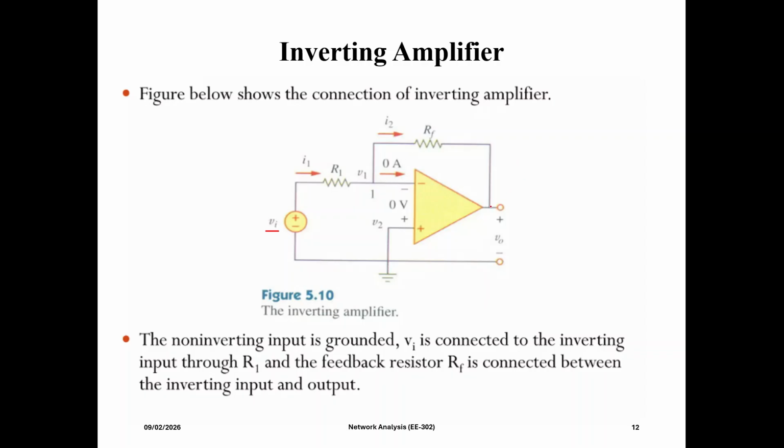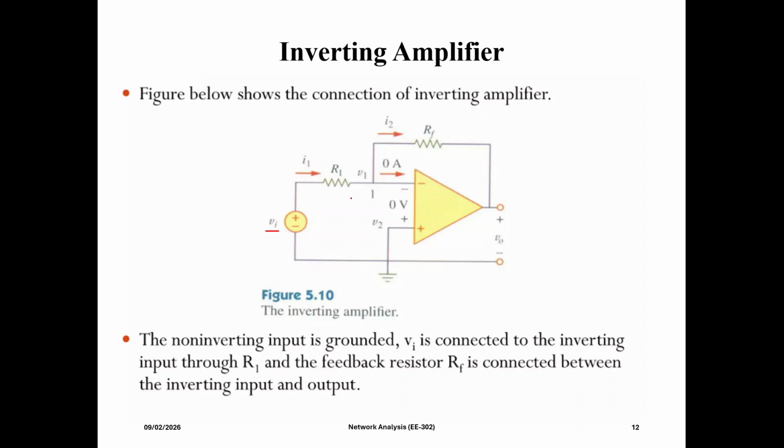Okay. So this whole setup is called negative feedback because the output is fed back to the inverting input. Okay, basically this is the closed loop configuration with negative feedback. Here's what happens. If the input voltage Vi is positive, current I1 flows through R1 toward the virtual ground at V1.